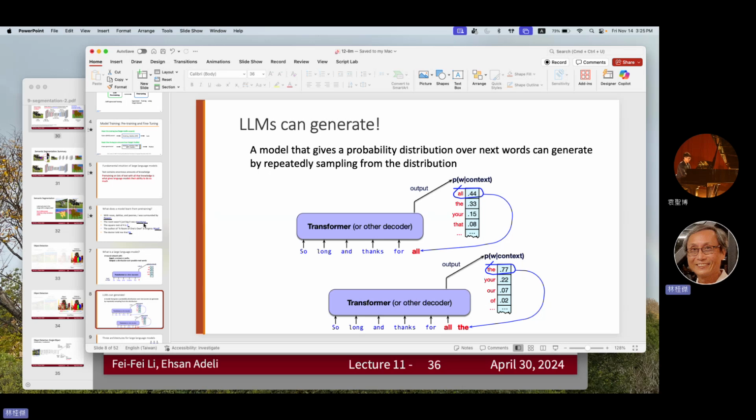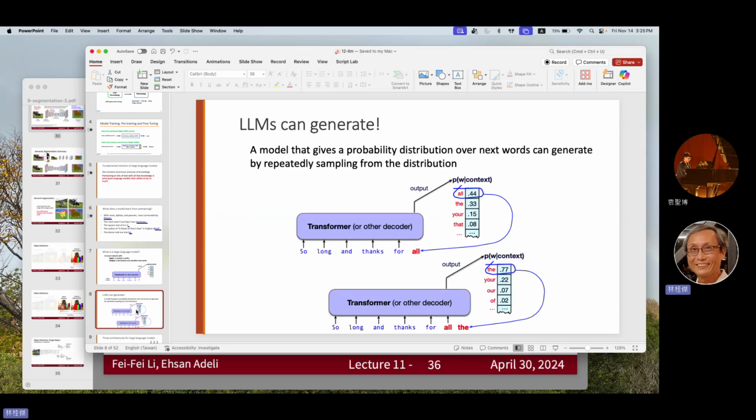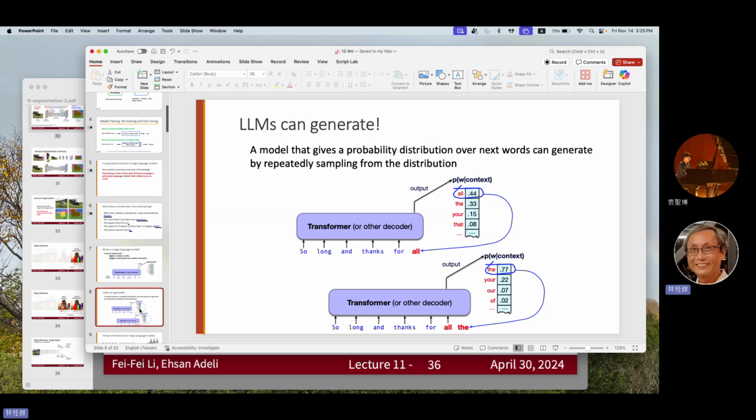Just like with the square root of 4 is: if I give you not, you shouldn't follow with 2, because that would be wrong. But if I say is not, then you can say 3 will be the next one. So it depends on your input sequence from the beginning, or from a certain place, until now, and then the LLM will try to predict what the next word is going to be.